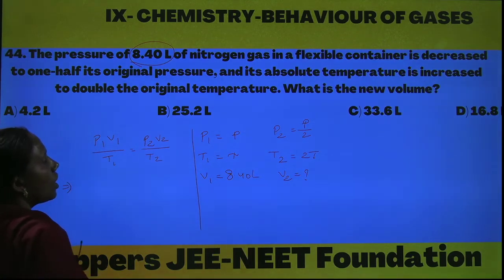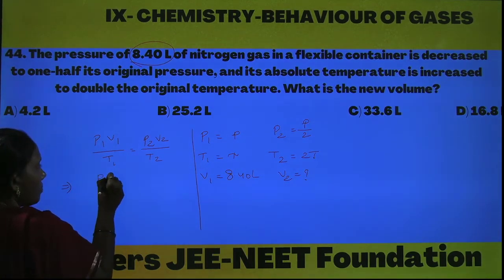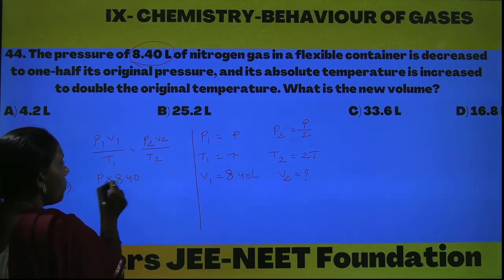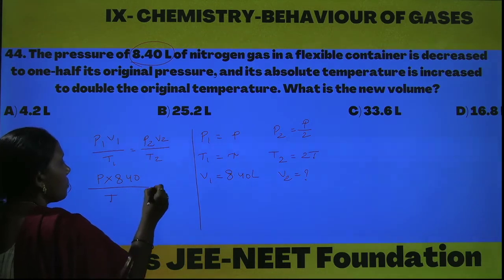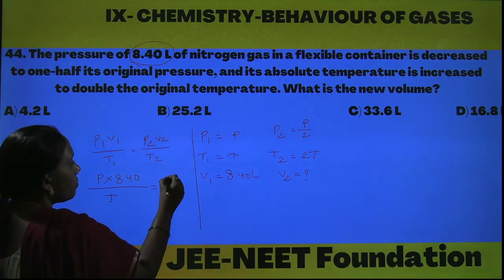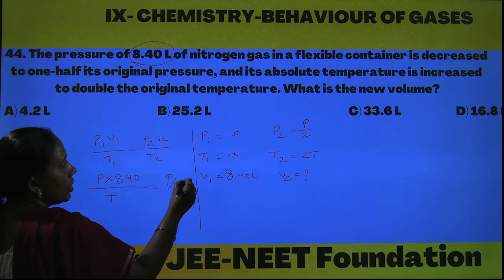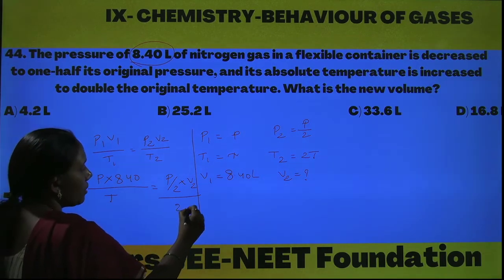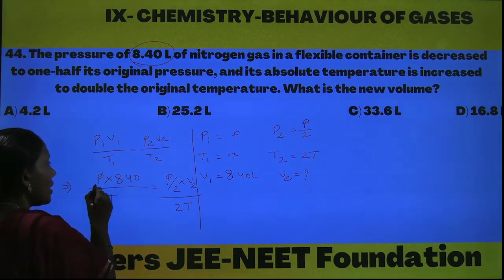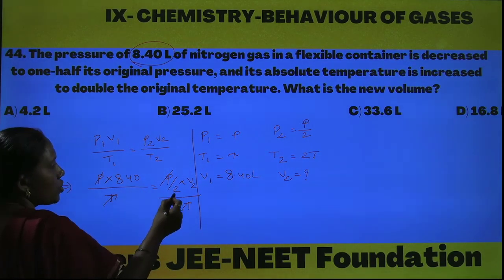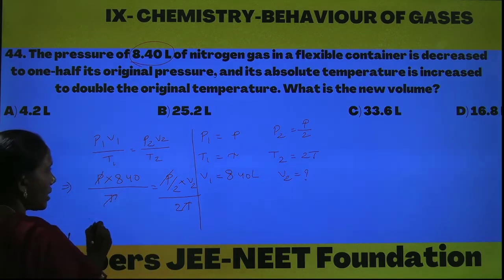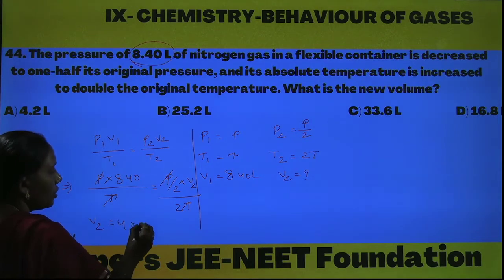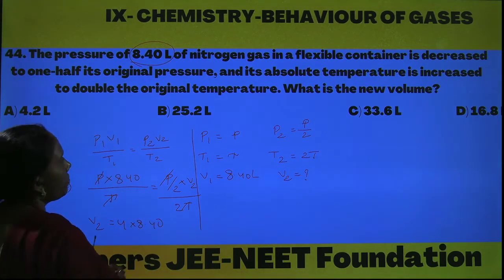So P1 is P, V1 is 8.40 by T1 value is T, equals P2, P2 is P by 2, we have to find V2 by T2 value is 2T. So simply we can cancel P and T, this 2 comes to the denominator and we cross multiply, then V2 value will be 2 into 2, 4 into 8.40.